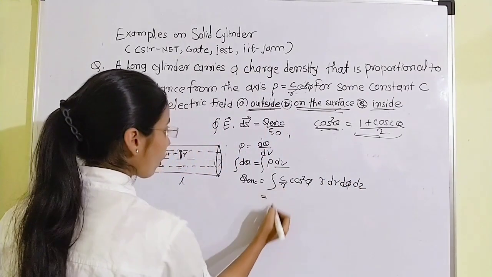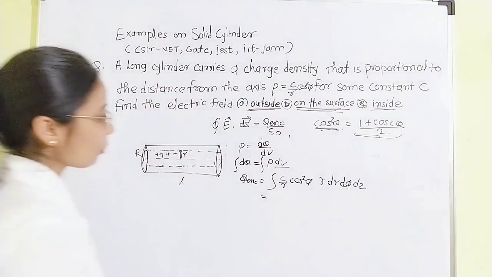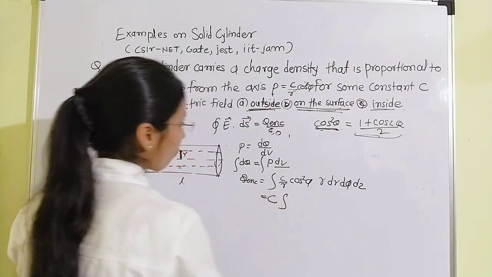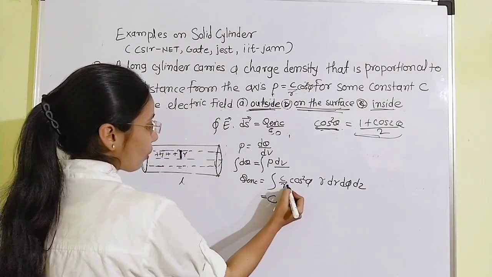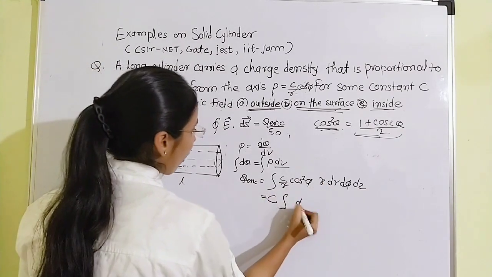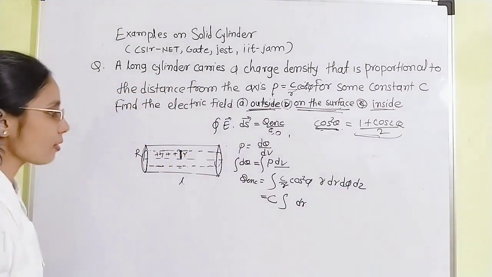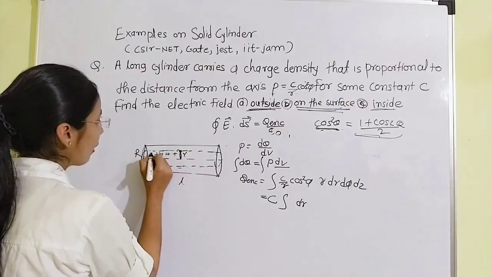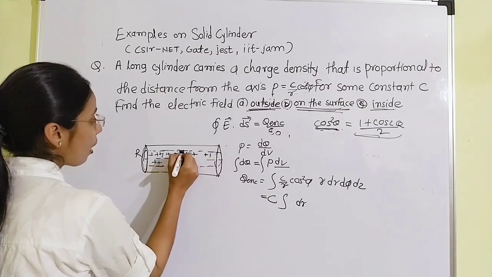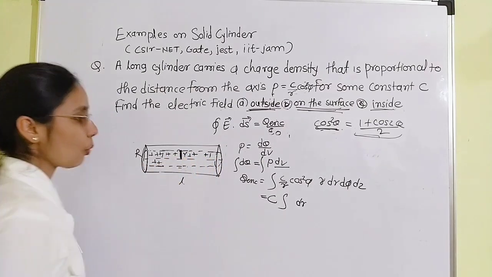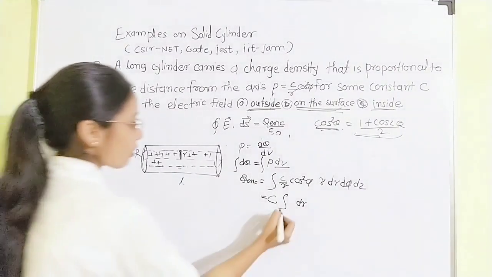So here c is the constant, so we take it outside. r gets cancelled, dr, and the limit for r is the Gaussian limit. Here the charge density is present, and the limit of this is this Gaussian surface.